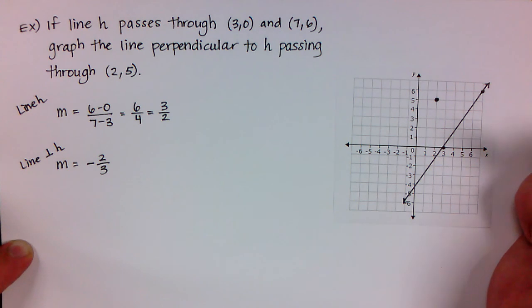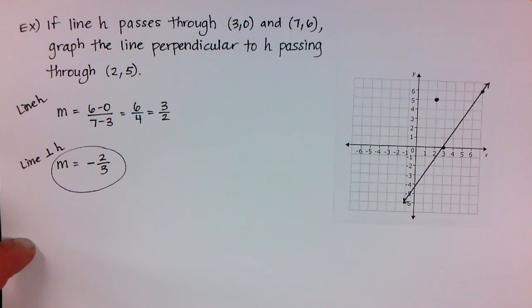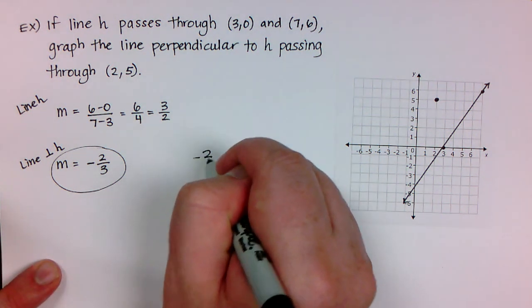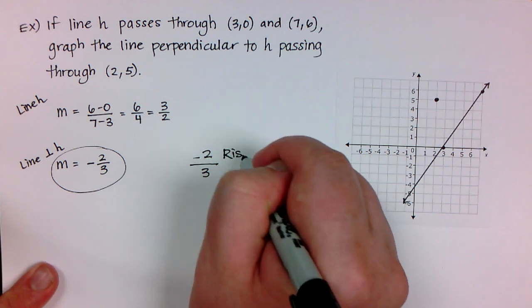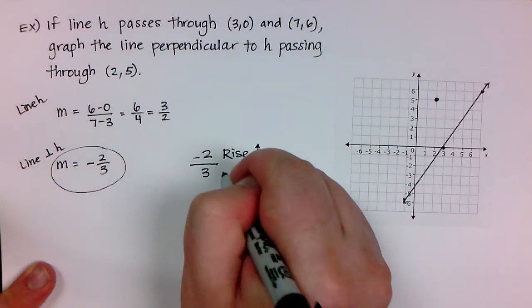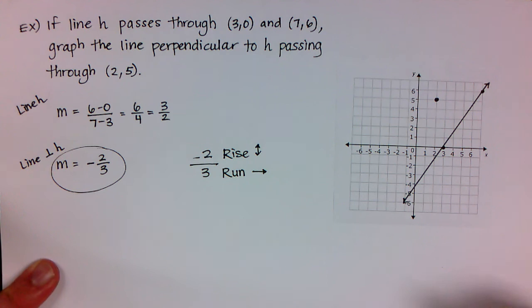Okay. And now that I have my new slope of this line, I'm going to follow what it says. So the way that I want you to break this up is to think of it like this. This means I'm going to rise either up or down, -2, and then I'm going to run sideways to the right.